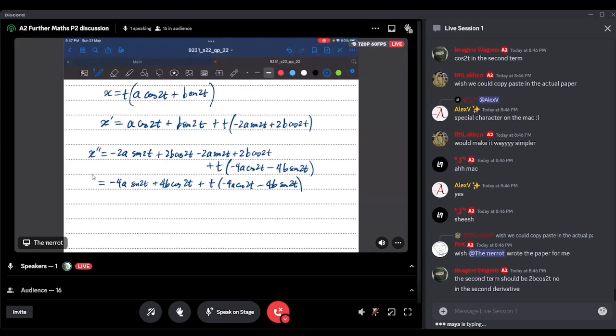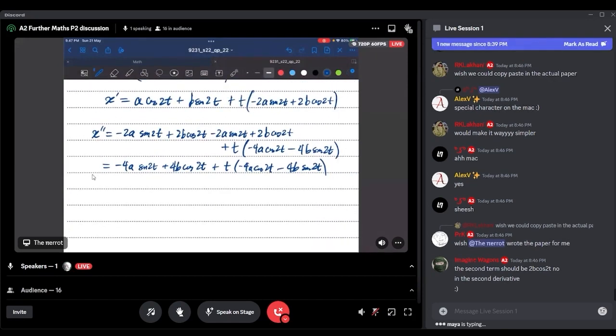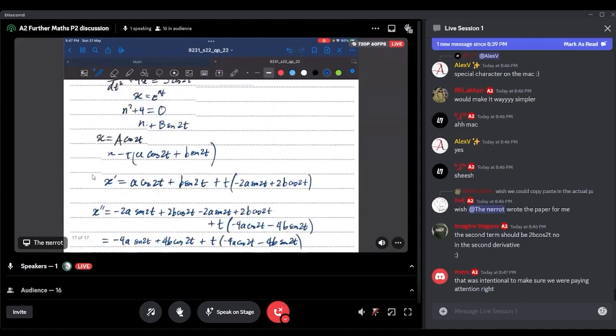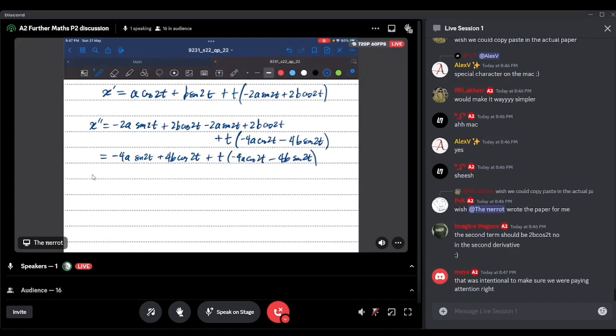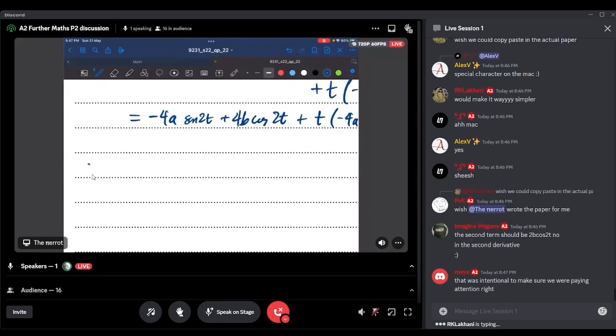Right, now that we have this, let's put it back into the differential equation. They all have the same inside, 2t. So let's put that back in. I'm too lazy to write sine and cosine, so I'll just use s and c.